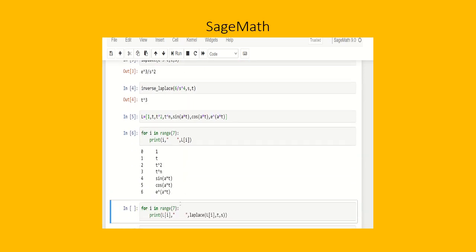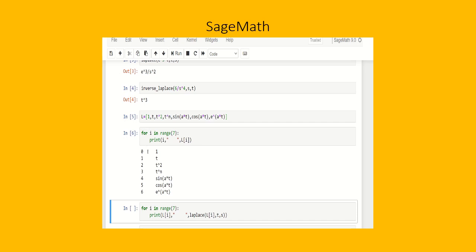So here's what happens. When I is 0, L sub I, L of 0 is 1, which is what we have right here. When I is 1, we're going to print 1 and L sub 1. L sub 1 is the second element in this list L. The indexing of this list L starts with 0.